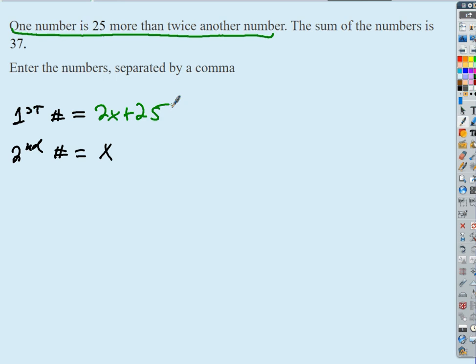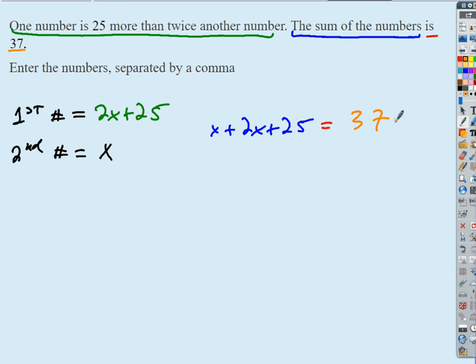And then it tells us up here that the sum of the numbers is 37. So how do I say the sum of the numbers? Okay, good. So x plus 2x plus 25 equals 37. There's my equation that I can use to solve for x.